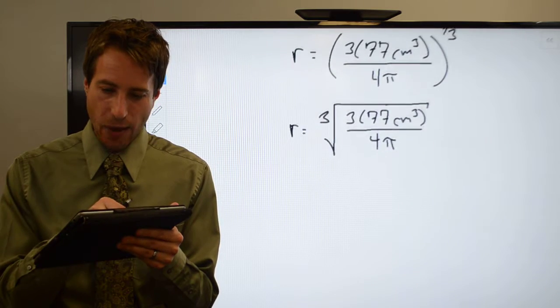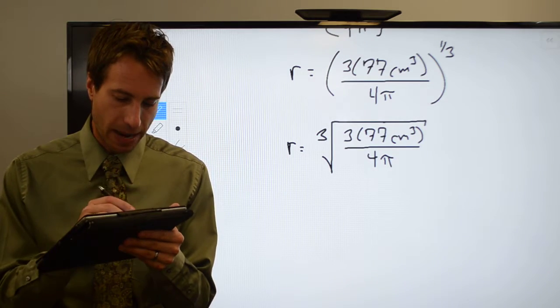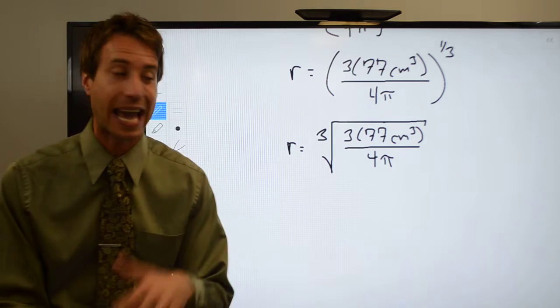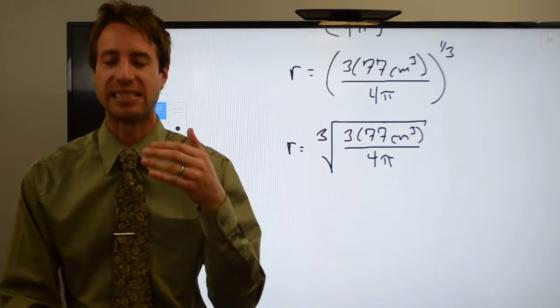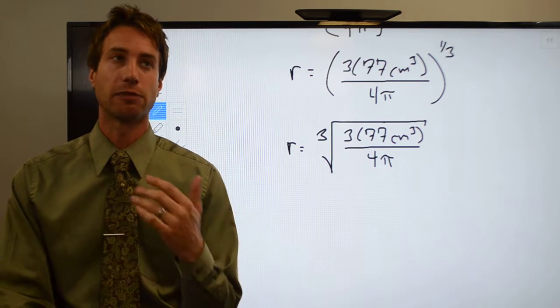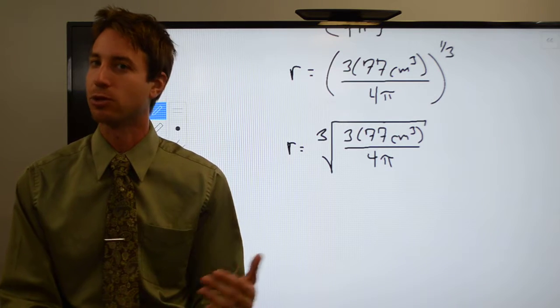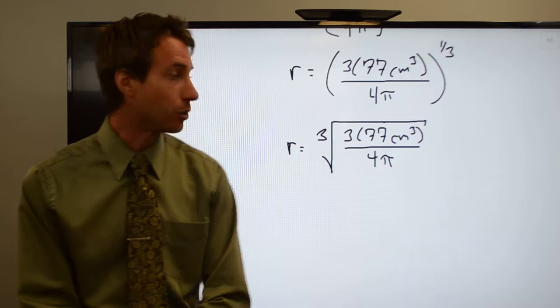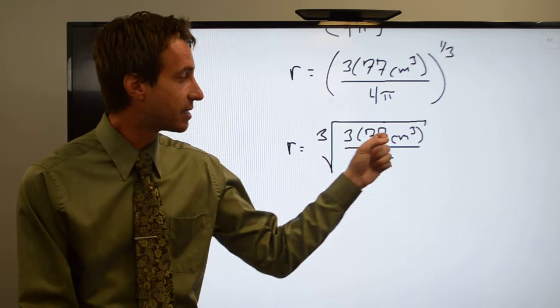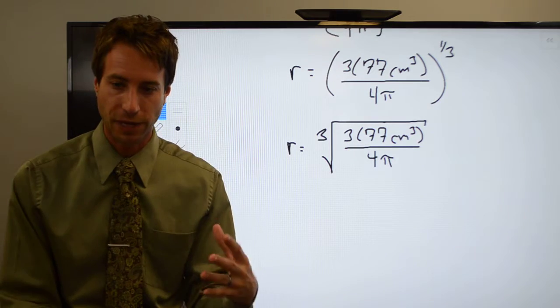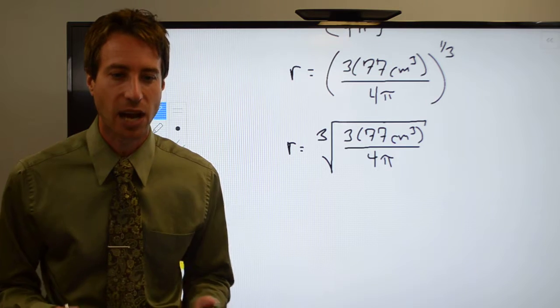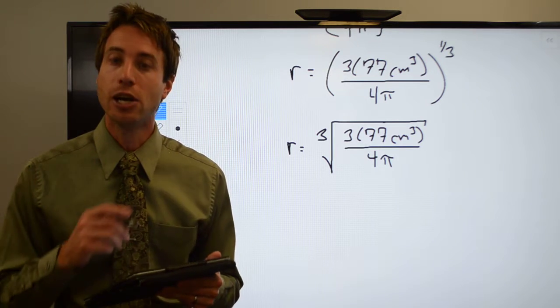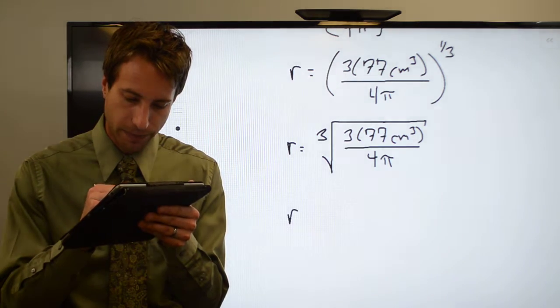Let me tell you how I would go about doing this on my calculator. Your calculator will do exactly what you tell it to do. Unfortunately, in many cases, Algebra 2 students just tell their calculator to do the wrong thing. So here's what I would do. I would do 3 times 77, and I get 231.